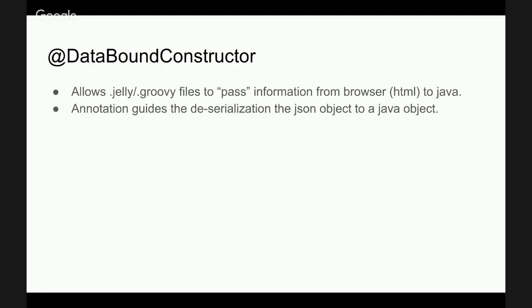Basically, it deserializes the JSON into a Java object. So you add it to the constructor, and it automatically knows how to deserialize the JSON into a Java object.